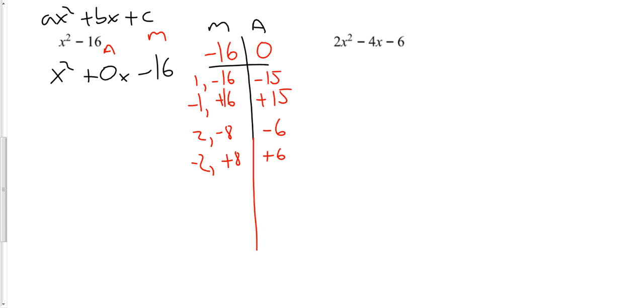Negative 16 is not divisible by 3, so I'm not even going to worry about it. If I do positive 4 times negative 4, that multiplies to negative 16, and 4 plus negative 4 equals 0. So that has to be my connection.